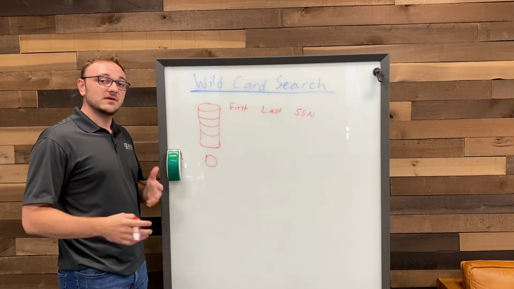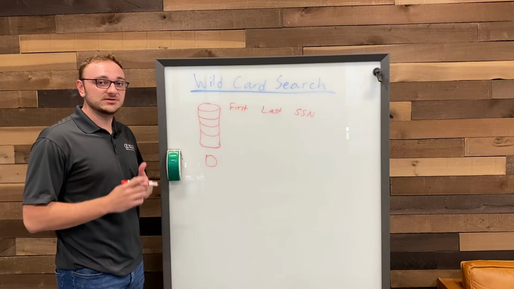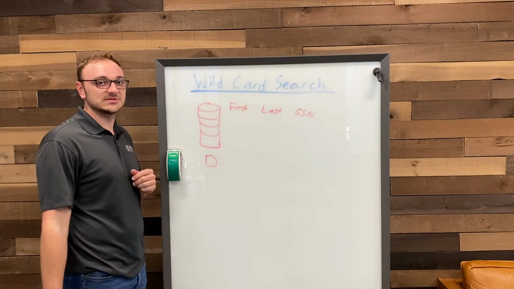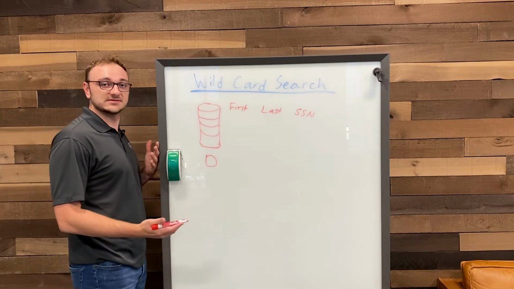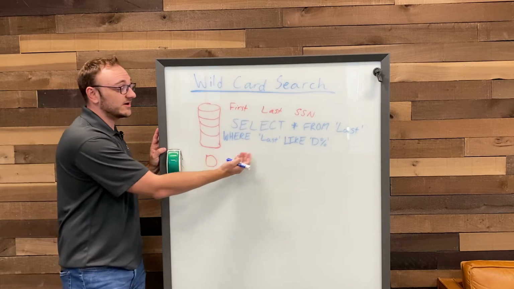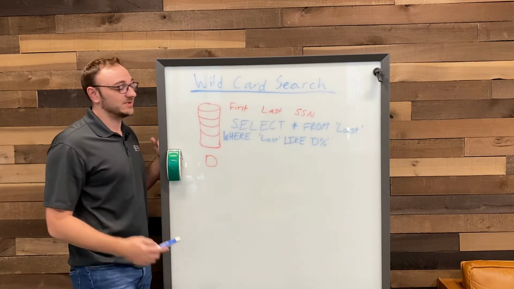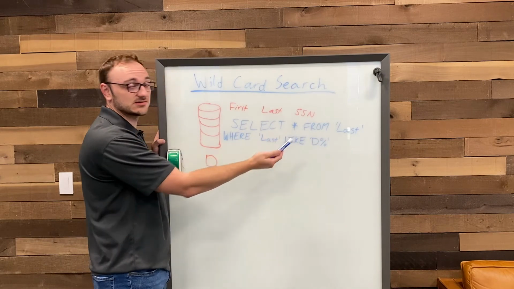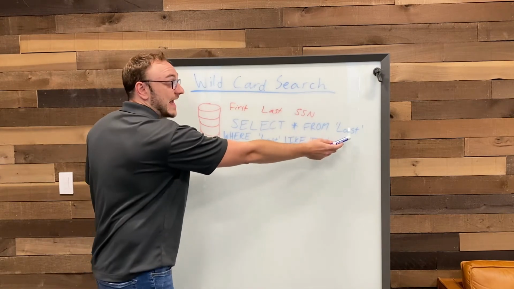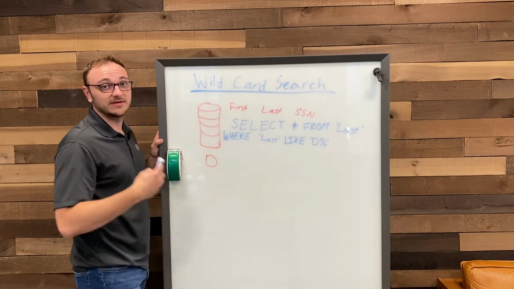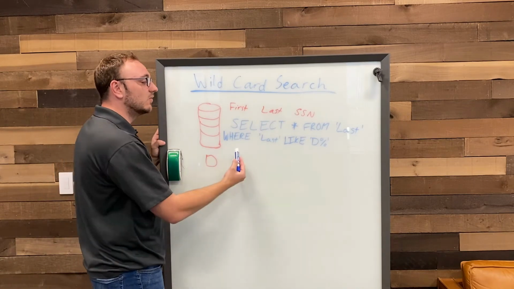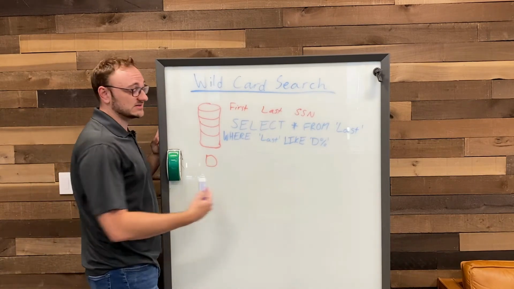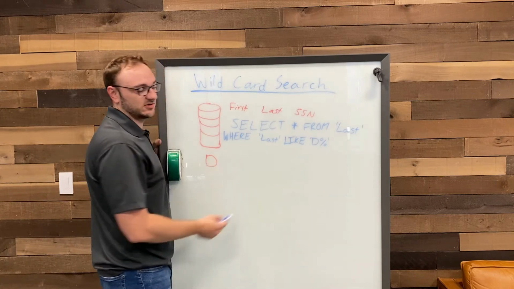To begin, the application will send out a query to that clear text table of last names. And that query will look like this. This query right here will tell the clear text database, okay, I want to find everything, which is what this star is, from the last name column in that clear text database, where that last name looks like this, and this is where the wildcard search comes in.